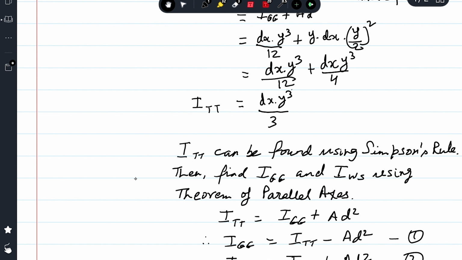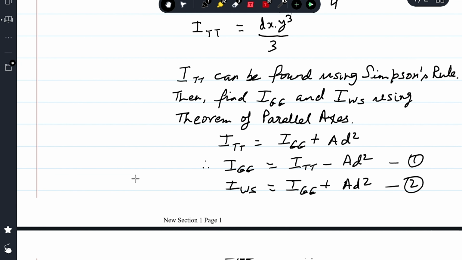So IG, the moment of inertia about the centroidal axis, will be ITT minus AD squared. That is equation one.